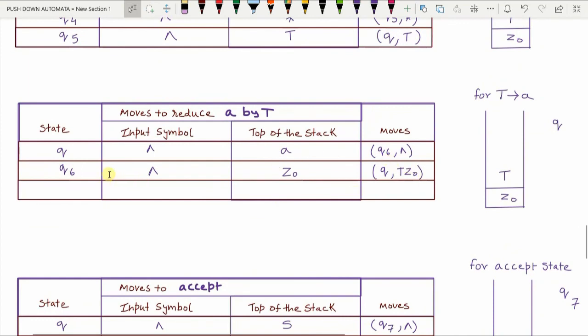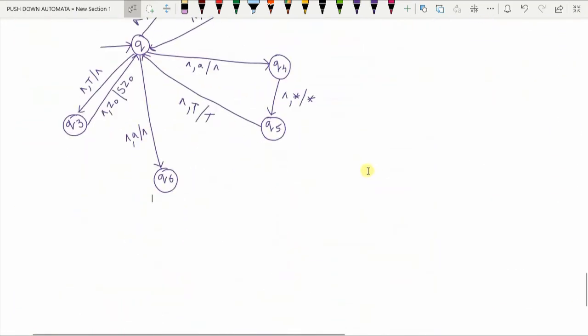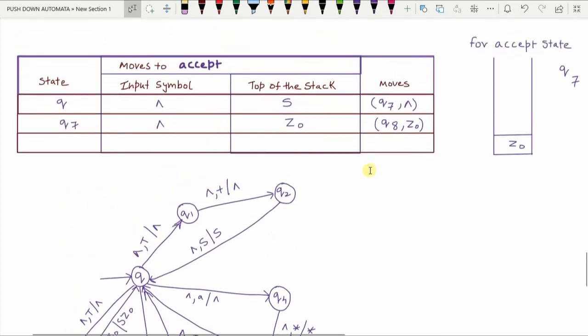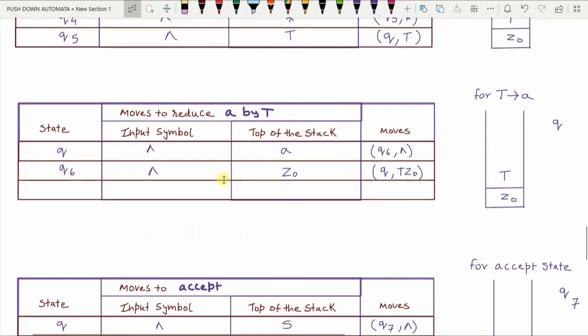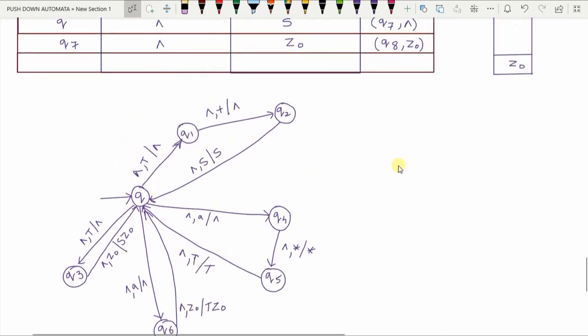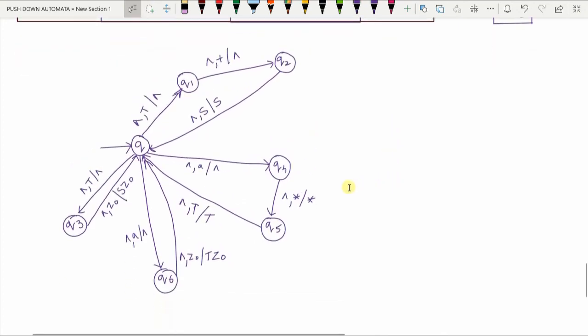Then from Q6, on reading null and Z0, you come back to Q. The transition over here is null, Z0, T Z0. It has started looking shabby, but can't help. You can keep more space.